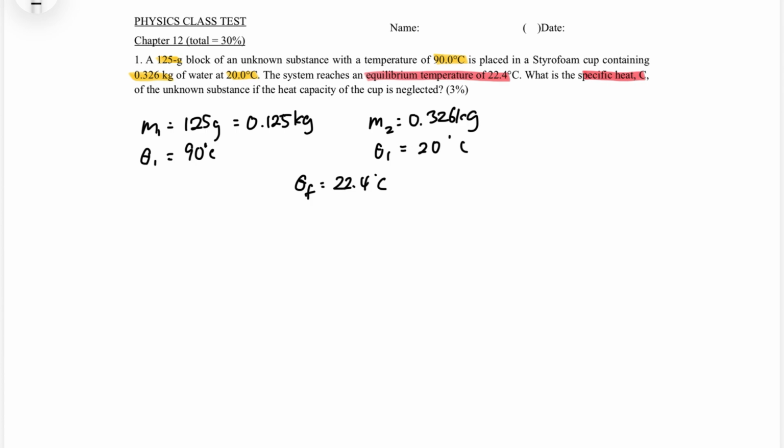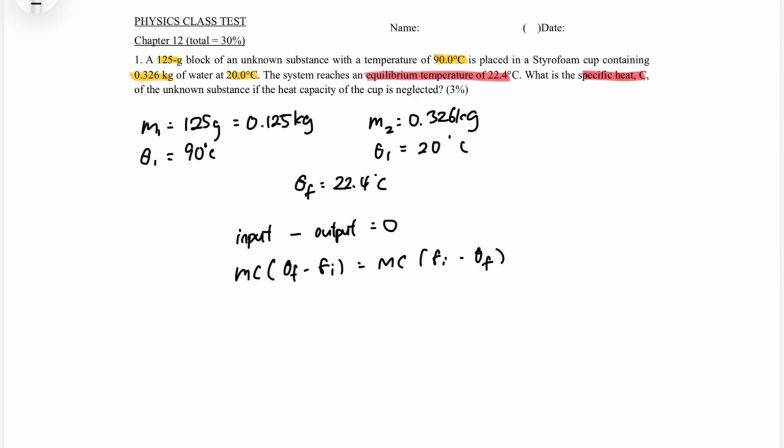So what are we going to do? What we know is that the input energy minus the output energy must equal 0. In other words, mc theta, the final temperature minus the initial temperature, equals mc, initial temperature minus final temperature of the other substance.